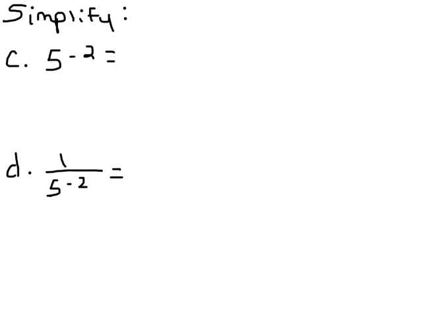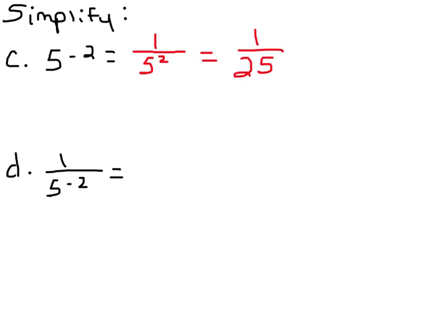Alright, these two practice problems are going to be practicing negative exponents. Here I have 5 to the negative second. The reciprocal of that, to make this negative 2 become a positive 2 exponent, I'm going to have to say 1 over 5 to the positive second, which would equal 1 over 25, right?